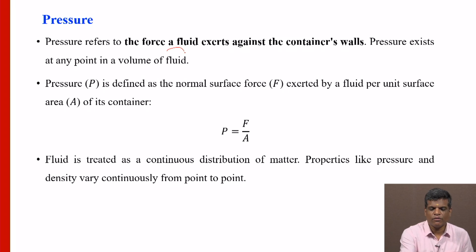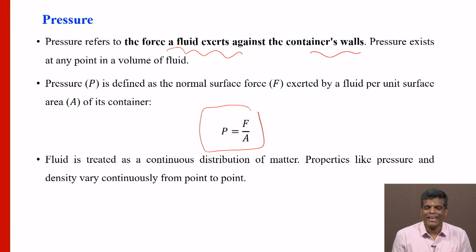Pressure is the force of fluids against the container's wall. We always write pressure P equal to F by A. F is the normal force, and A is the area.